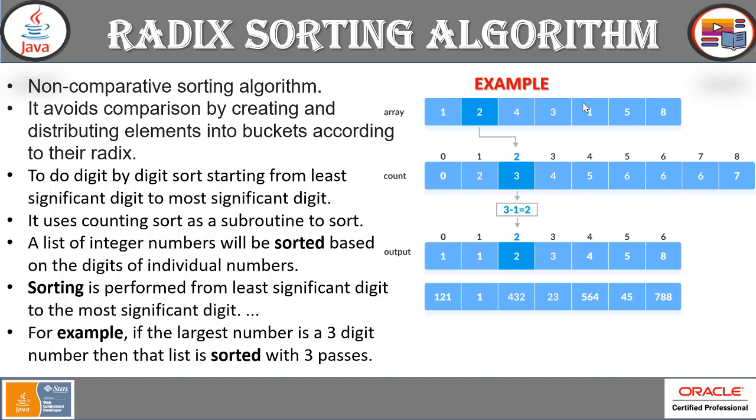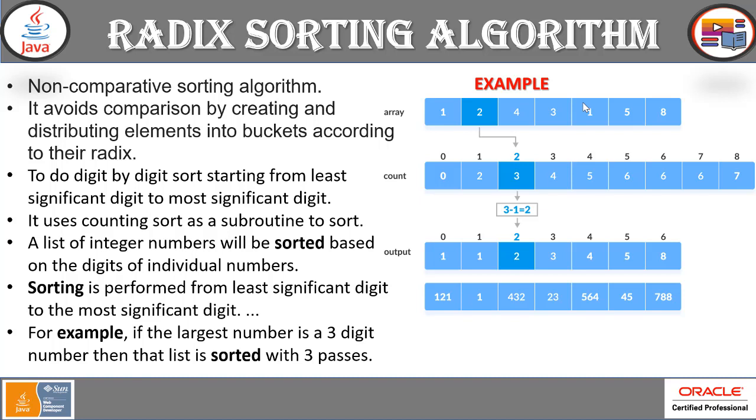Few more important facts about Radix sorting. This type of sorting algorithm is a non-comparative sorting algorithm. We have seen a few other kinds of sorting algorithms which are comparative, where we pick two numbers, compare them, and then place them and give a position.